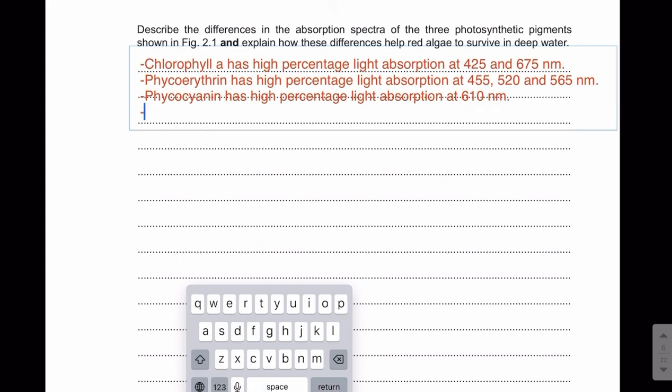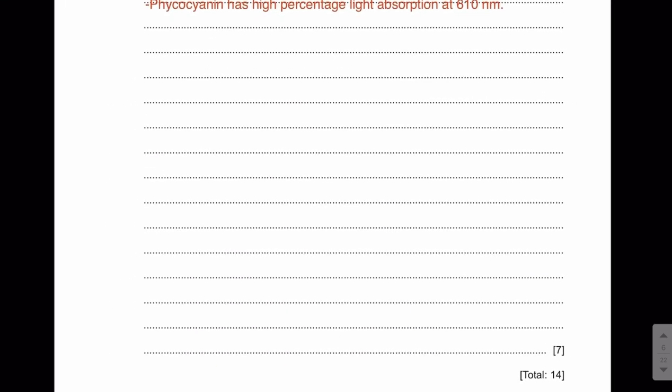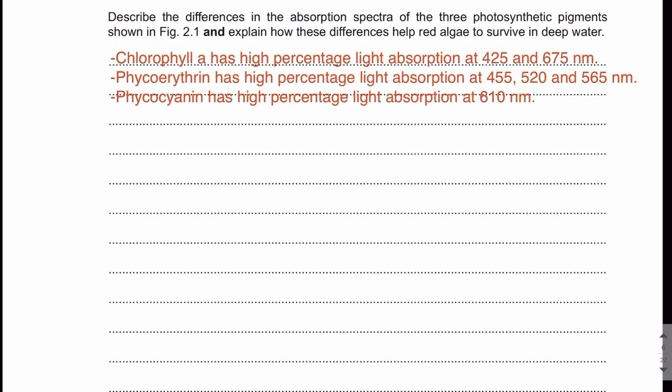All right. So these are the points for description. We get 3 marks out of 7 by describing the graph, right? Chlorophyll A, phycoerythrin, and phycocyanin.